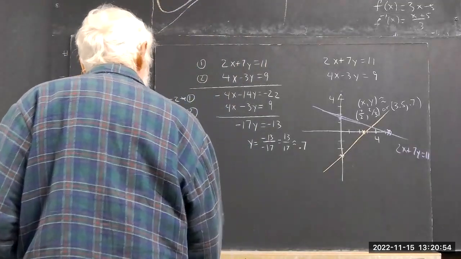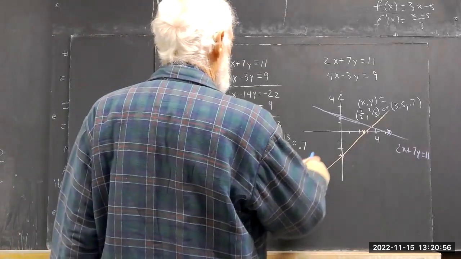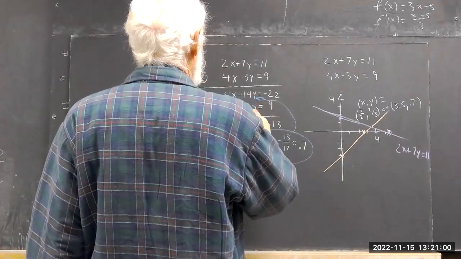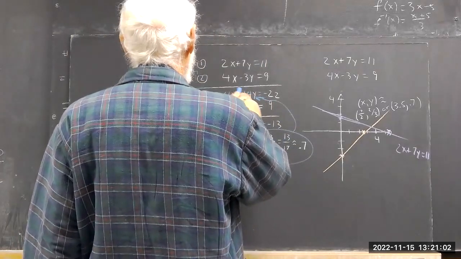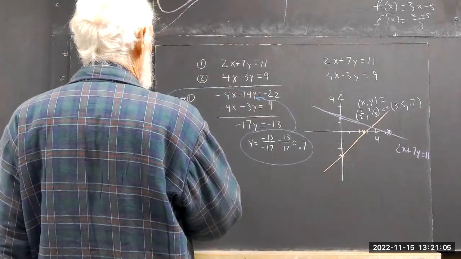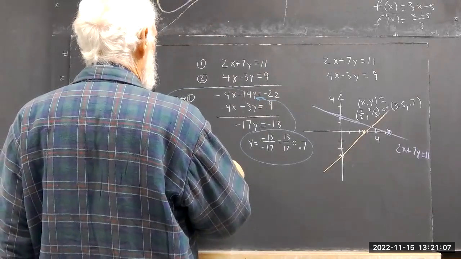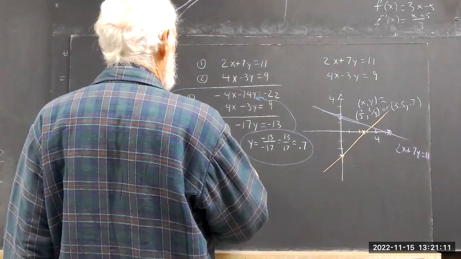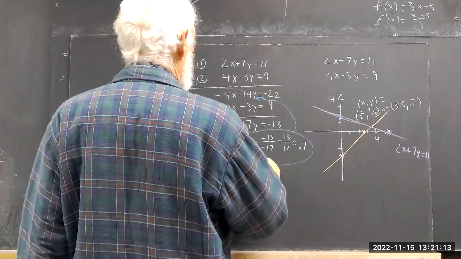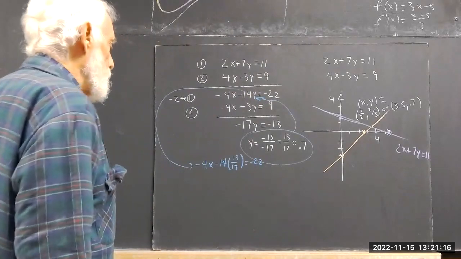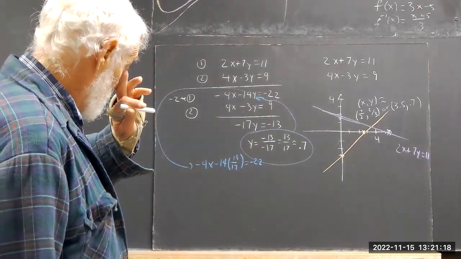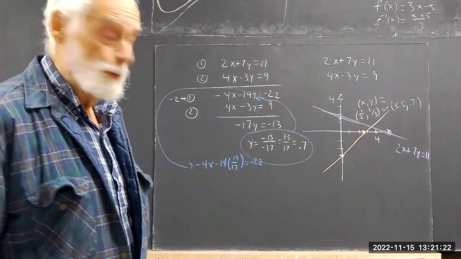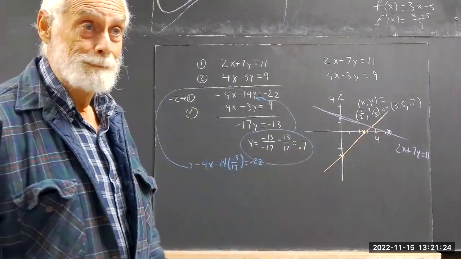Well, if I take now this solution and plug it in here, I get the equation -4x minus 14 times 13/17 equals -22. I've got a denominator here, so I get to multiply everything by 17.